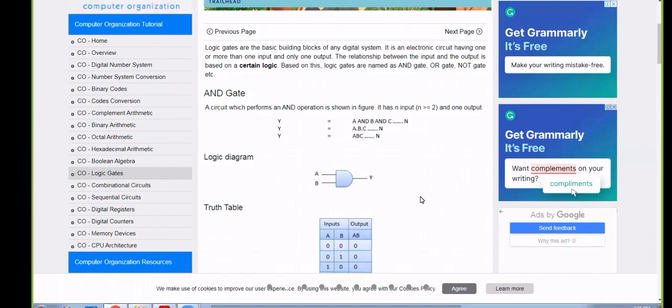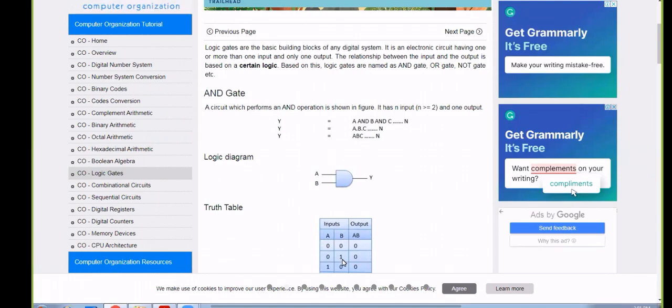Logic gates are named AND, NOT and so on. The AND gate in front of you has two inputs. It is written as Y = A AND B, that is, Y = A dot B.